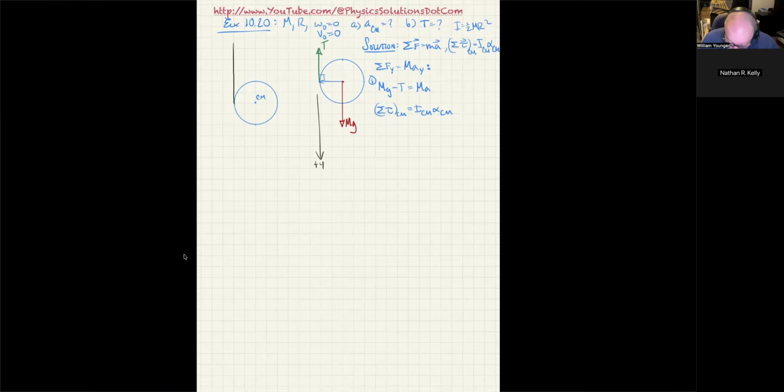So all I have to do is multiply the radius times the force, and that will give me the actual torque. So I'm going to say T times R is equal to 1/2 mr squared times alpha cm. That's going to be equation two. Okay.